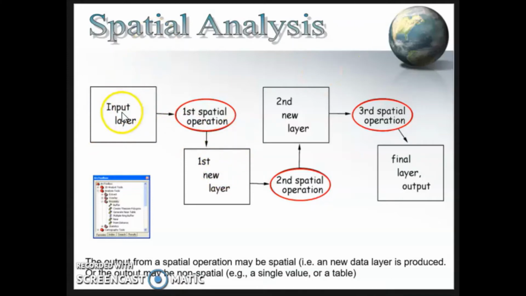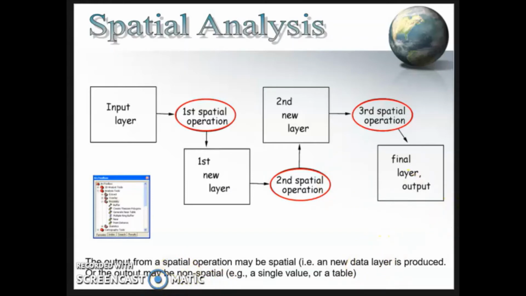So again, you're going to have your input layer and it'll flow to that first spatial operation, which is going to give you your first new layer, second spatial operation, and so on until you come up with your potential output.